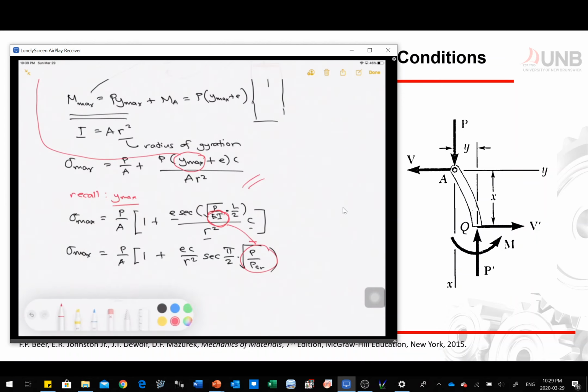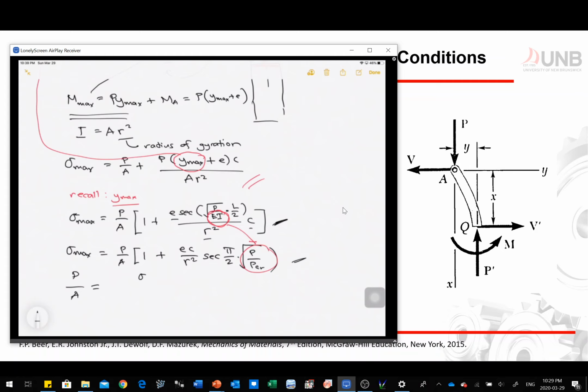Now you can also rewrite the equation in a different form. I'm just rewriting the equation because, for example, this equation right here doesn't have your P critical. This one does have your P critical. Eventually you will realize which equations make sense when you are dealing with a specific problem, which we're going to do, I think, in the next slide.